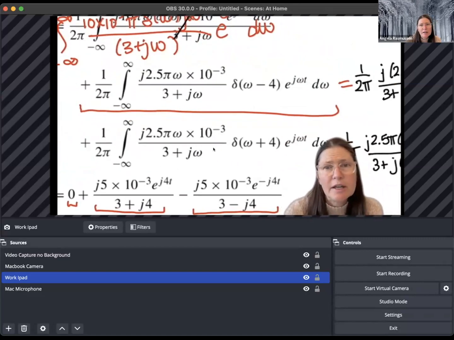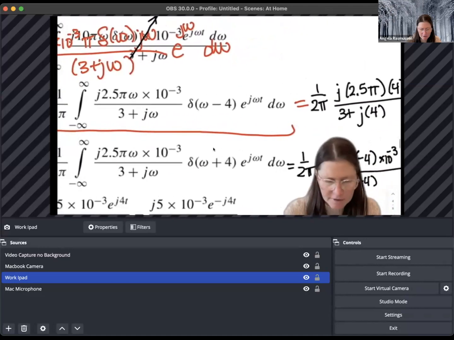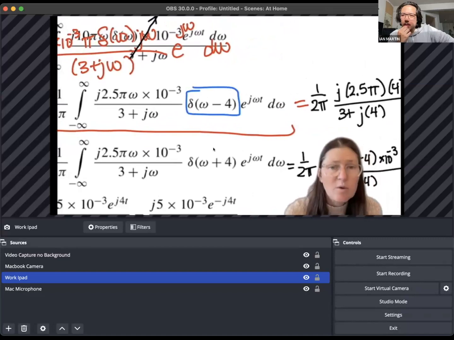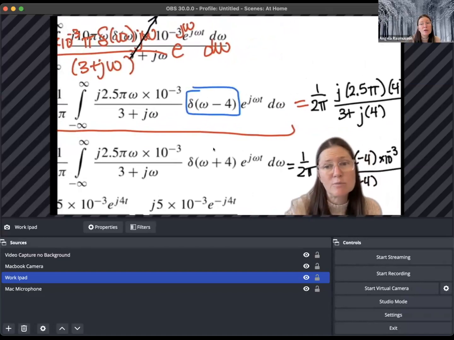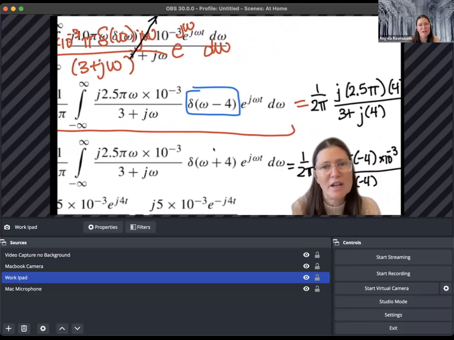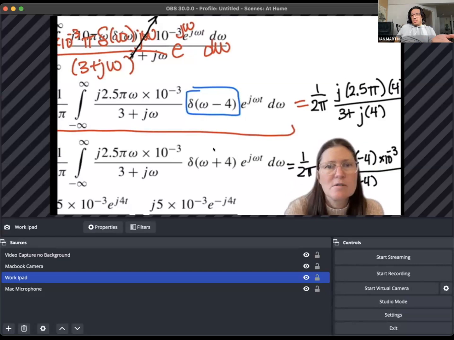And then you bring out the numbers, and this portion here will integrate to 1. So no matter where it's shifted, that will always go to 1. And so you just replace omega with the other numbers, and then the integration. So it will either evaluate to 0 or it'll evaluate to 1.